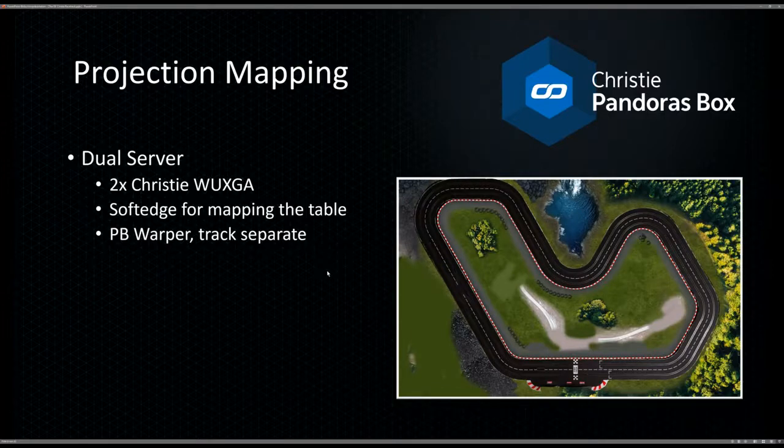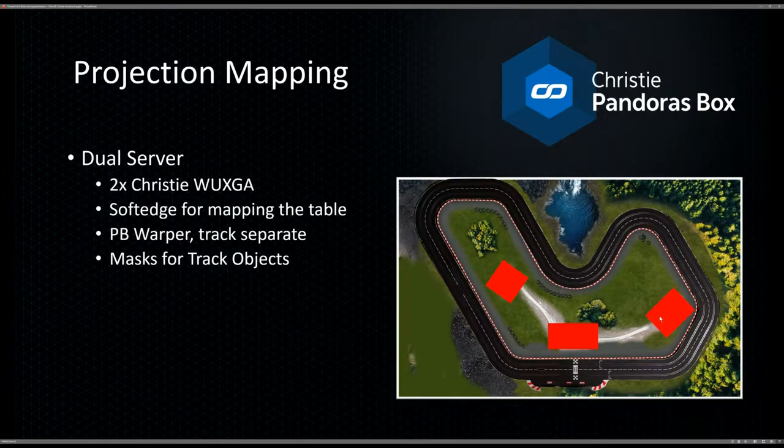That it looks pretty, right? And then we added some masks here for these buildings which are on the table to not break the texture there. Instead we added some track information. So the projection mapping enables you to use different maps as well.